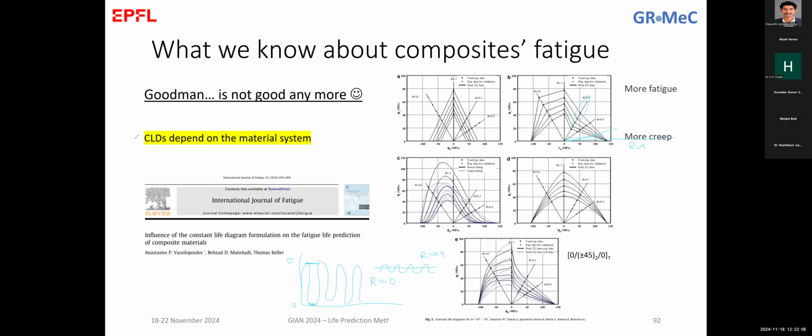When we go to lower stress ratios, stress ratios of 0, 0.1, 0.5, these are related more to fatigue loading. When we approach the sigma m axis, we are discussing creep effects.